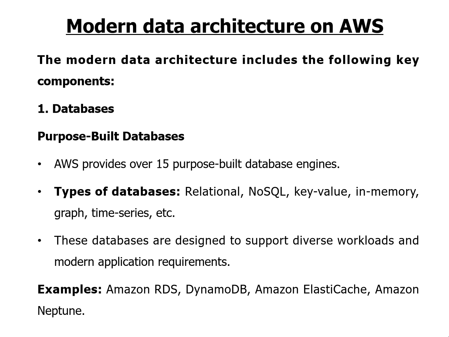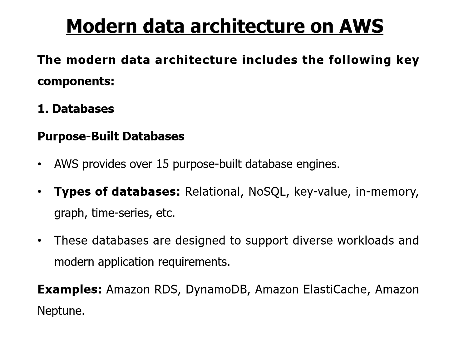AWS supports over 15 built-in database engines, and it consists of various types of databases like relational database, NoSQL, key value, in-memory, graph, time series, etc. These databases are designed to support various workload and modern application requirements.